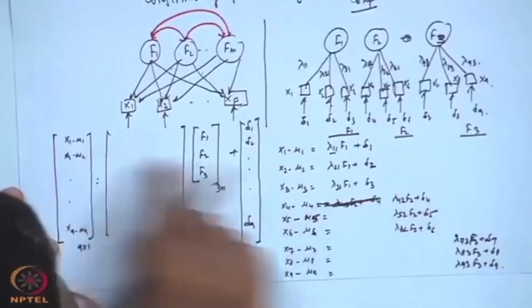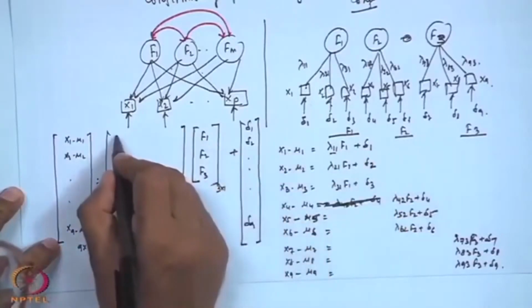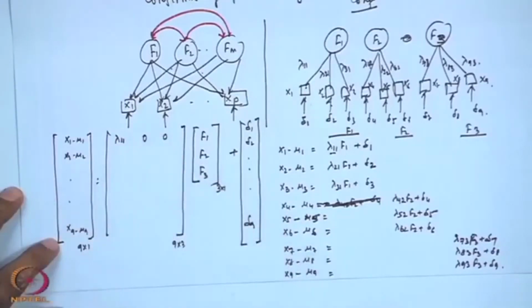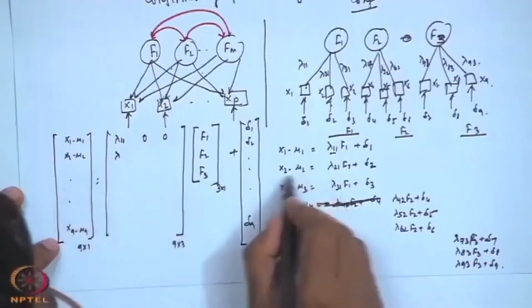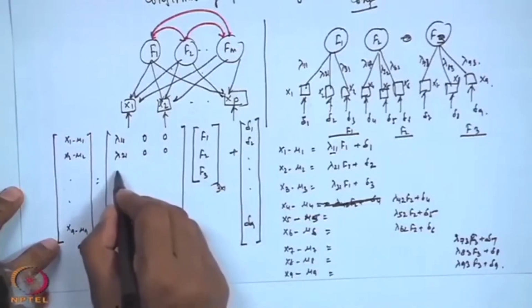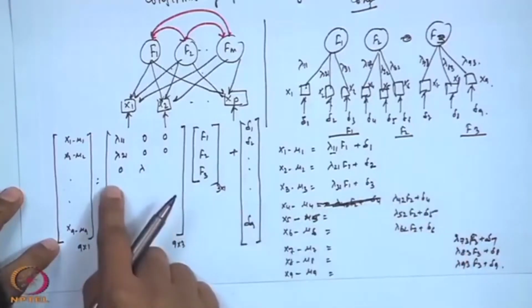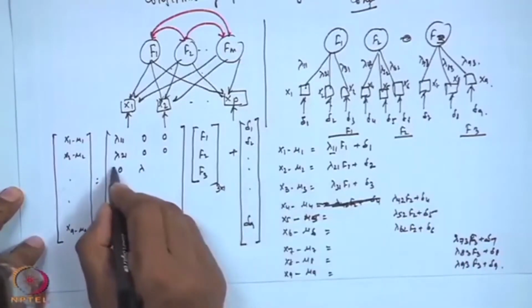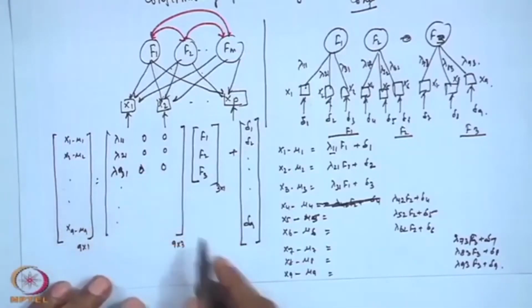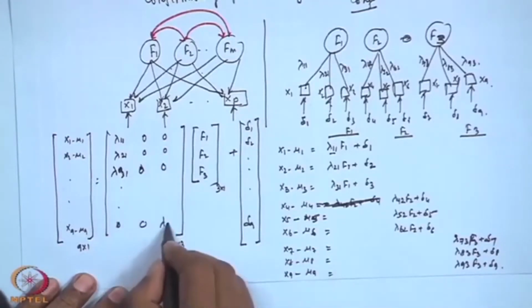So x1 minus mu 1 equal to lambda 1 1 f1 plus delta 1. What will happen? 0. Then lambda 2 1, 0, 0. Similarly, there are 3 columns, lambda 3 1, 0, 0. Finally the last one also 0, 0, lambda 9 3.